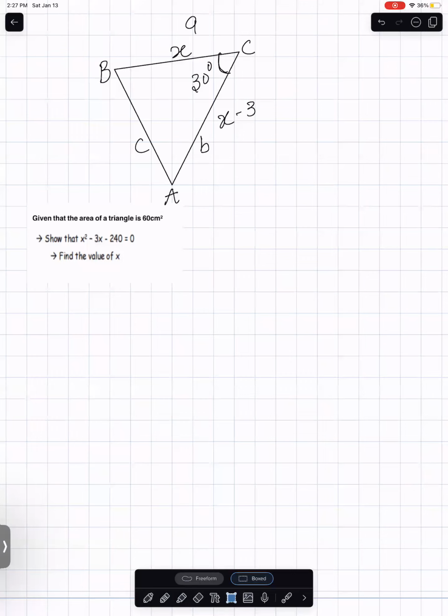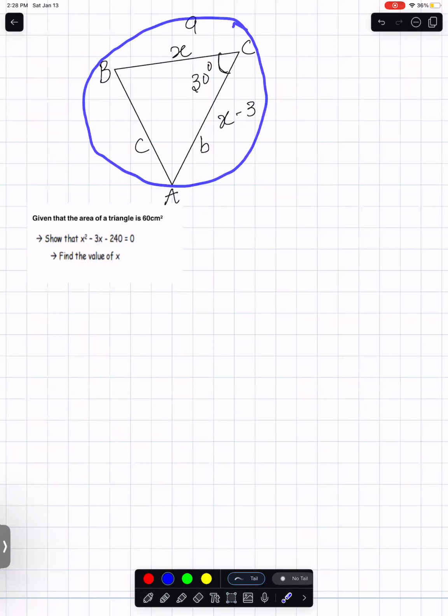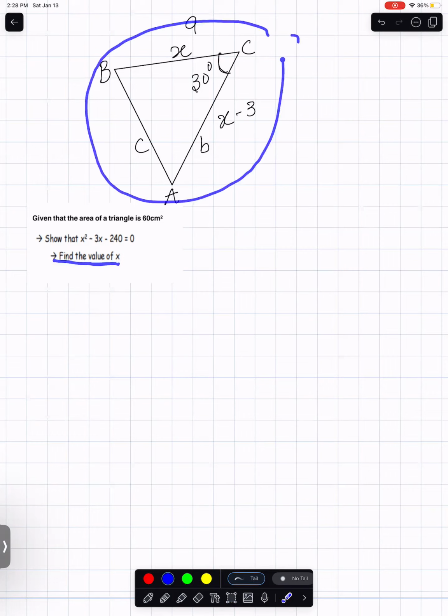Given that the area of this triangle below is 60 cm squared, we are asked to show that x squared minus 3x minus 240 is equal to 0. And after then, you find the value of x for this.